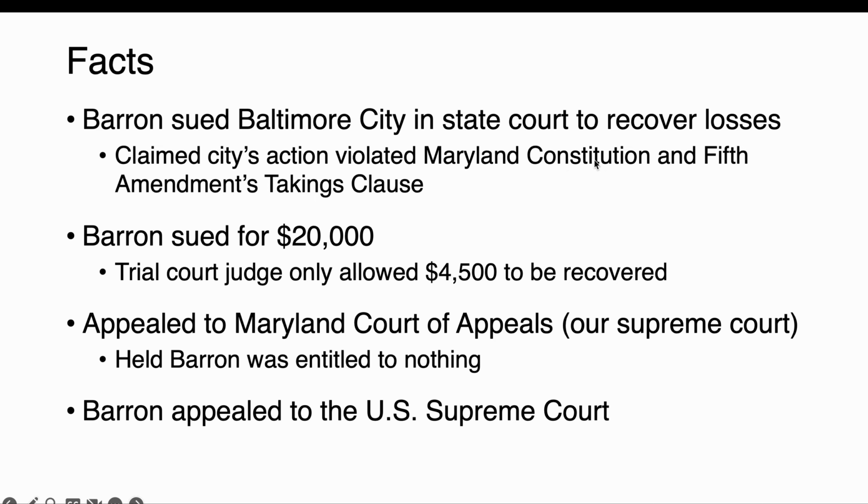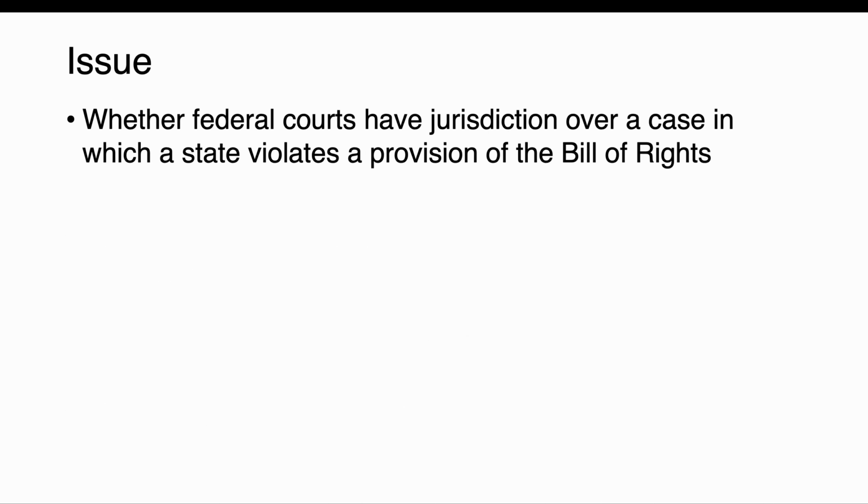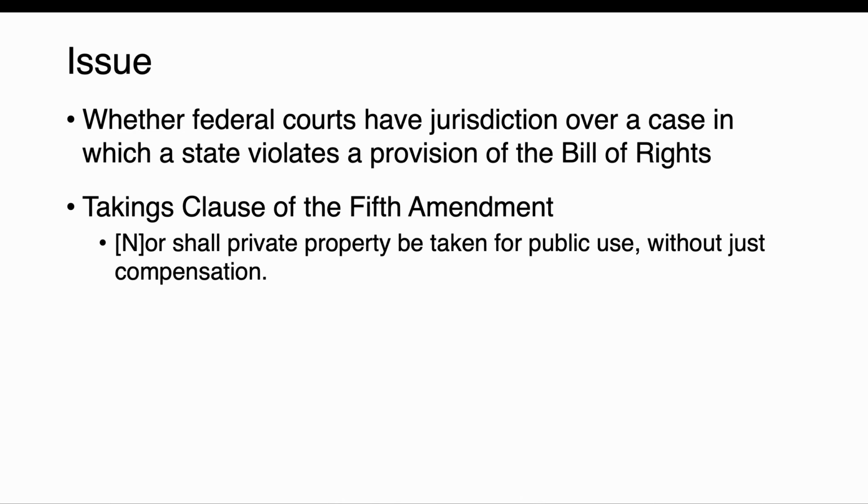But the U.S. Supreme Court could find that his Fifth Amendment takings clause rights were violated, and therefore the city needed to reimburse him for infringing on his U.S. constitutional rights. So the issue, though, is whether federal courts have jurisdiction over a case in which a state violates a provision in the Bill of Rights. Can the U.S. Supreme Court even hear this case?